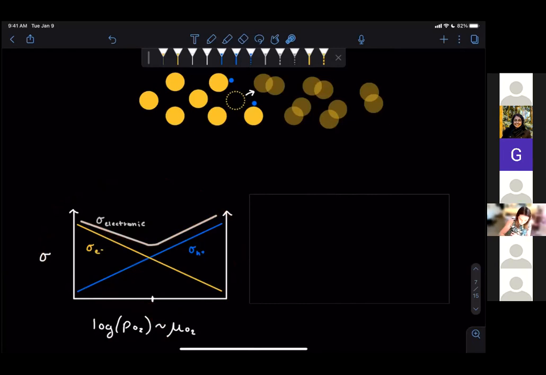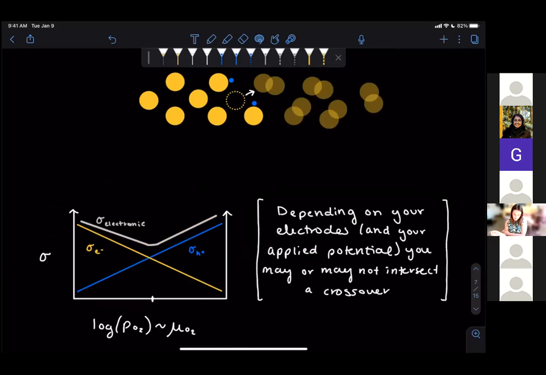Again, depending on your electrodes and your applied potential, you may or may not intersect a crossover. But there is a situation in which a solid oxide fuel cell and electrolyzer cell will go through this crossover. So this can be thought of as a local minimum in electronic conductivity.